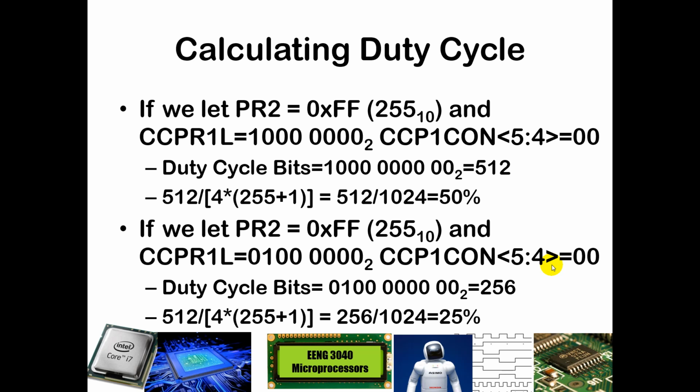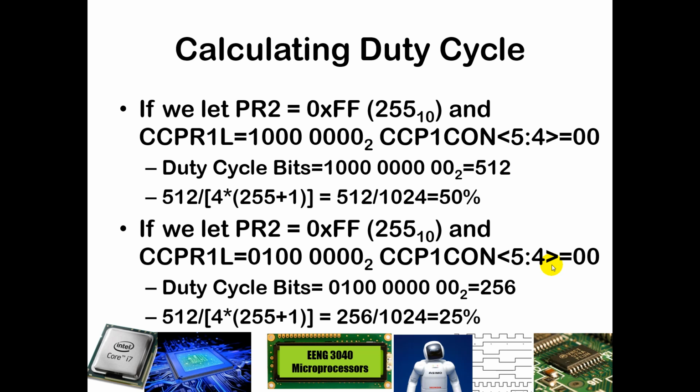If we let PR2 be FF, that's our default, and that's going to be 255 decimal, and then we choose to make CCPR1L a 1 in the most significant bit and zeros everywhere else, along with zeros in the CCP1CON bits that correlate to the least significant bits of our duty cycle, then what we have when we put all of those bits together is a value in binary that is worth 512 in decimal.